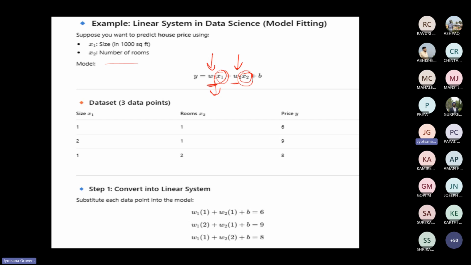So basically, this is the first house. Suppose you have three data points: this is for house one, this is for house two, this is for house three. So you will say W1 into 1 plus W2 into 1 plus B, where B is some bias, is equal to 6.